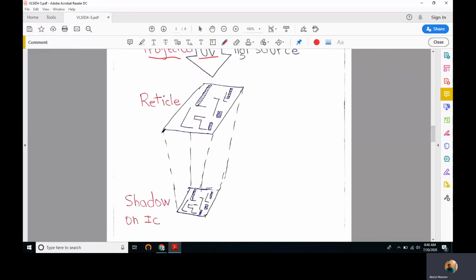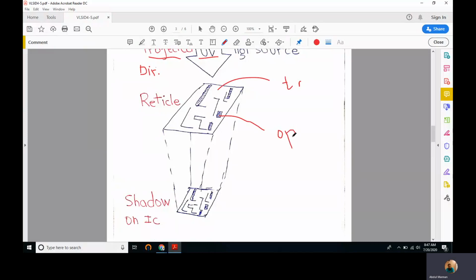So this is a reticle that is 5 to 10 times greater than the actual IC on which we want to translate its shadow. We put it under directed UV light. Light passes through the transparent portions, and of course light cannot pass through the opaque portions.